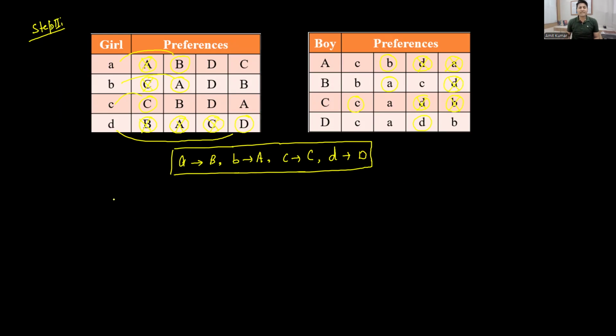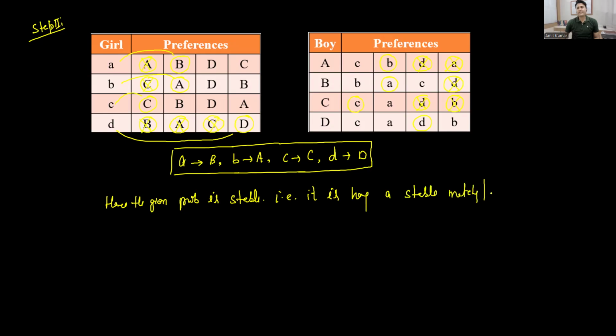So the concluding remark is what? Since step number one and step number two give the same matching, hence the given problem is stable. Stable means that it has a stable matching, or we can say an optimal matching.